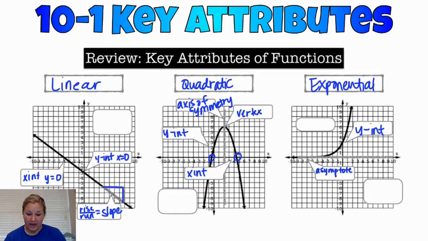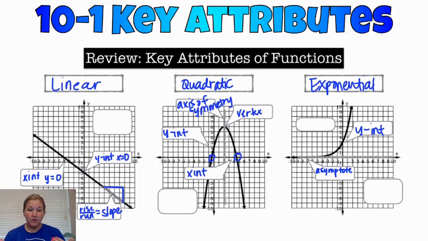Asymptote. So an asymptote is a vertical or horizontal line. In this instance, for exponential functions, it will only be horizontal. Okay, and it's a horizontal line that a function gets really close to but doesn't ever cross.